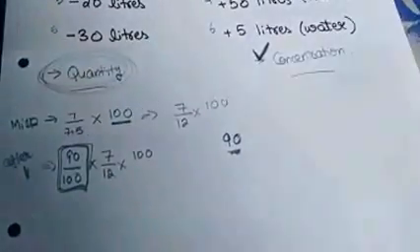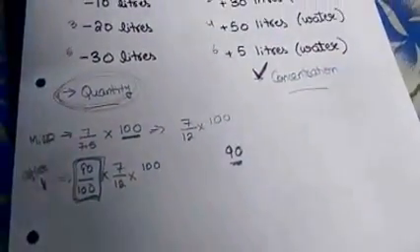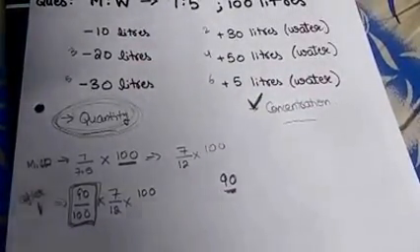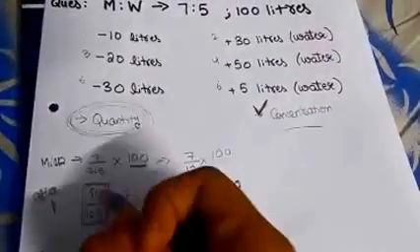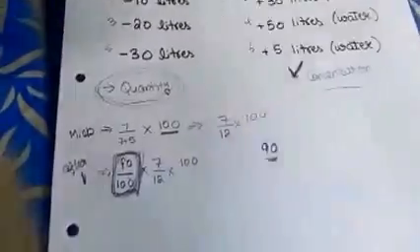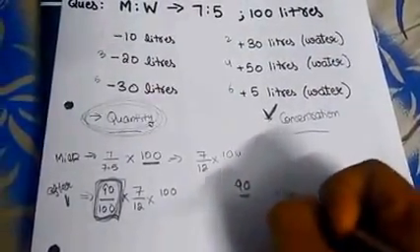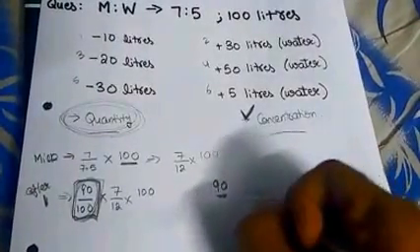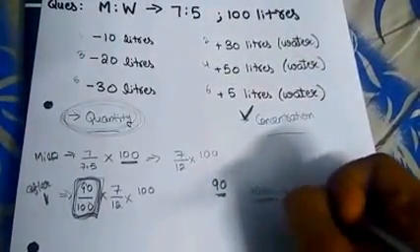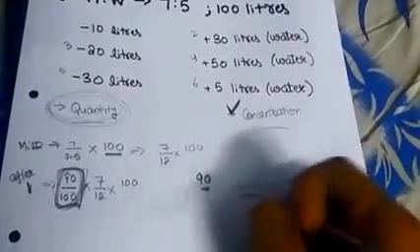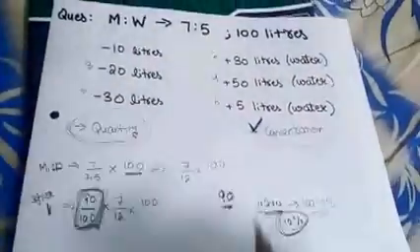You can think of it in percentage terms as well, or you can simply see that initially we had 100 liters and now we have 90 liters. So our multiplier will be 90 by 100, because 10 liters is removed from that 100 liters. So 10% was removed, and that will be 90 by 100.